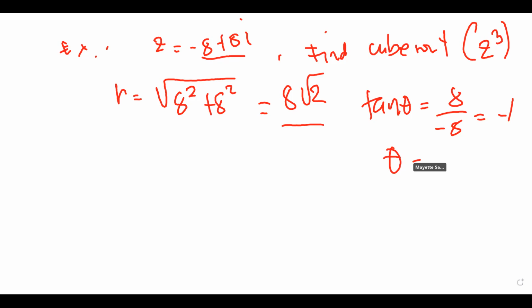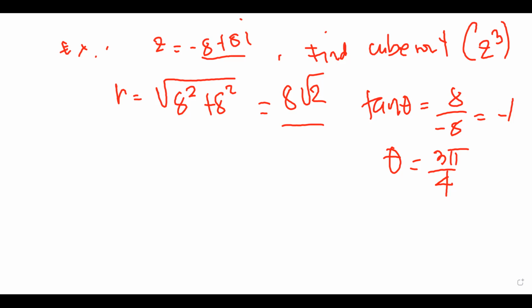This means that theta is 3 pi over 4, because this is -1, positive y and negative x, so it is in the second quadrant.